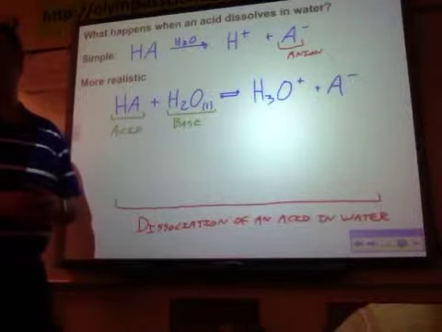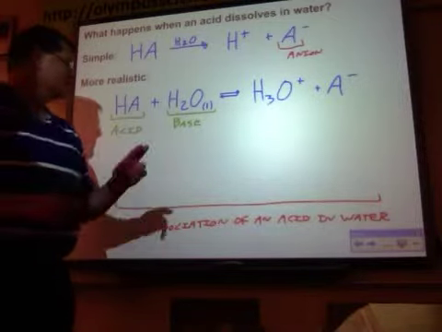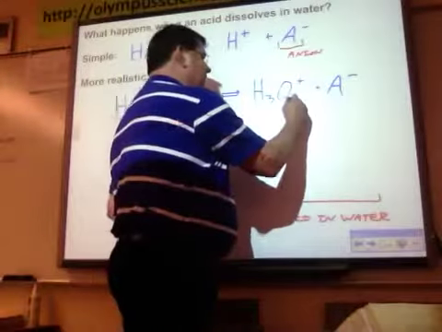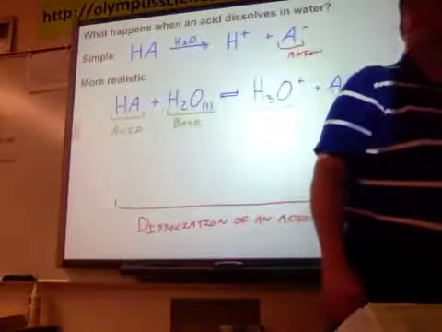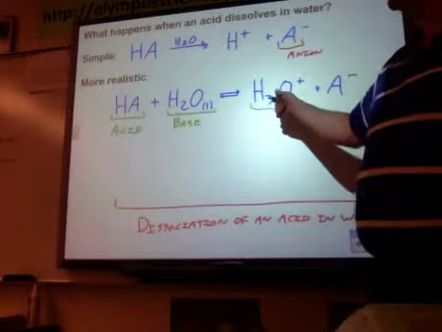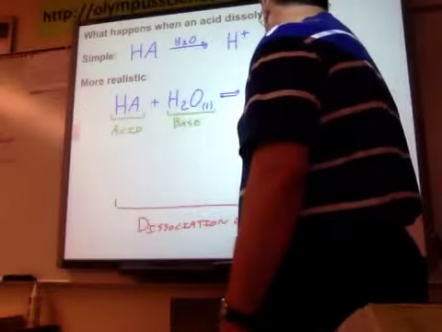Now it has a proton that it could give away. So once you add the proton to it, it now becomes an acid. Specifically, we refer to this as the conjugate acid. Okay?